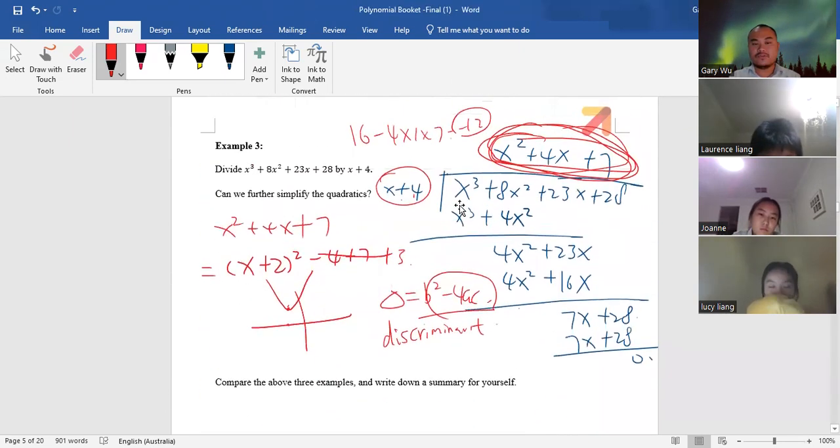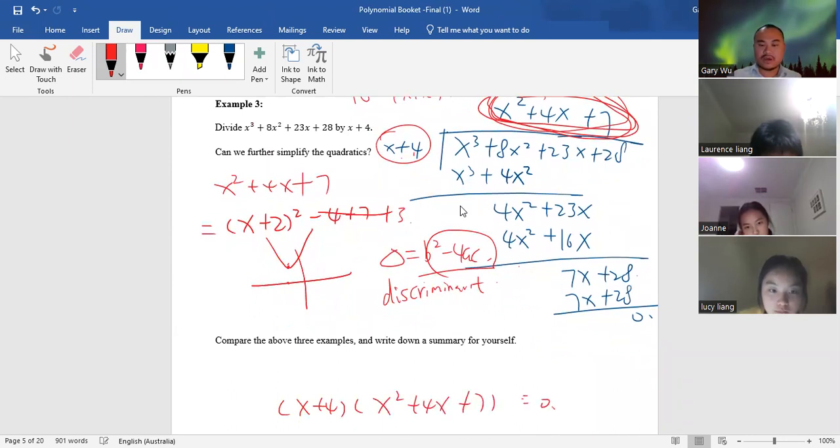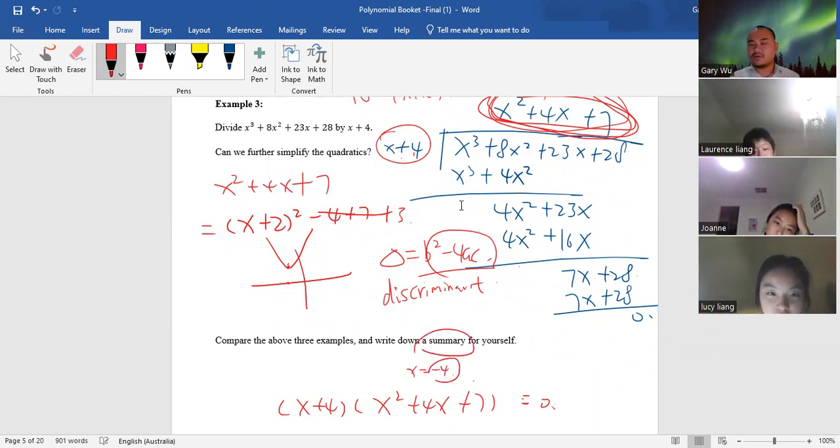Okay, and then for the last one, example 3, it would be x plus 4 times x squared plus 4x plus 7 equal to 0. How many solutions do I have? It's only 1. And what is the solution? x equal to -4. Okay, so what summary can we write down now?